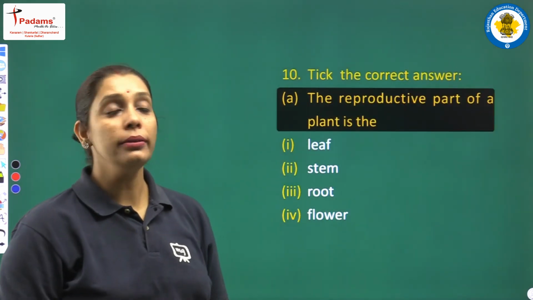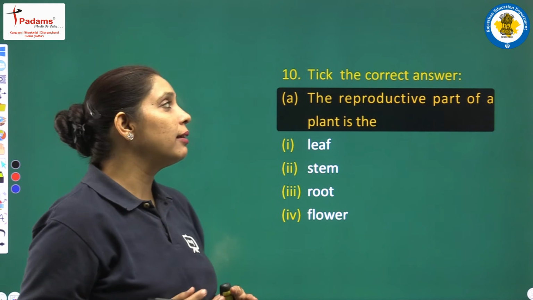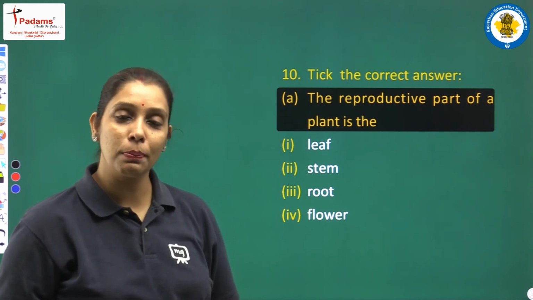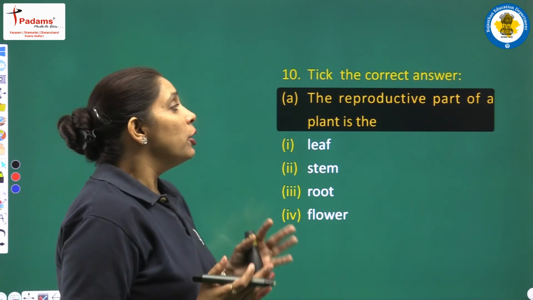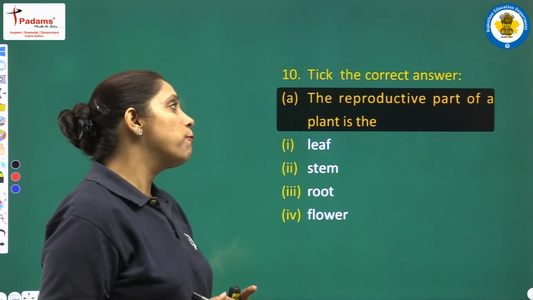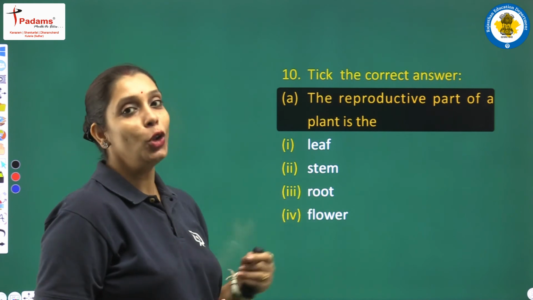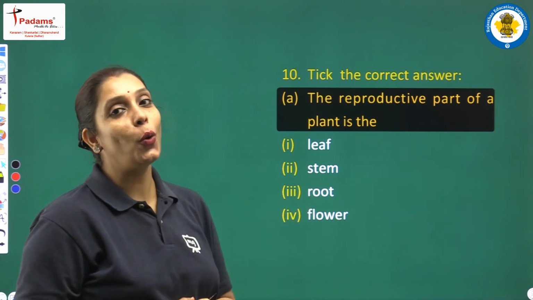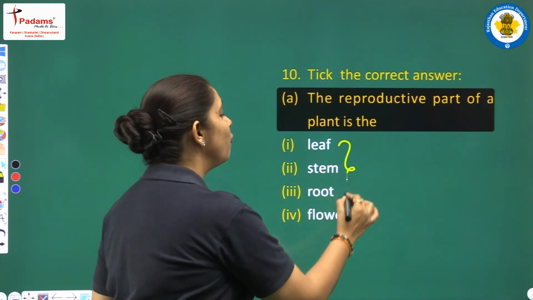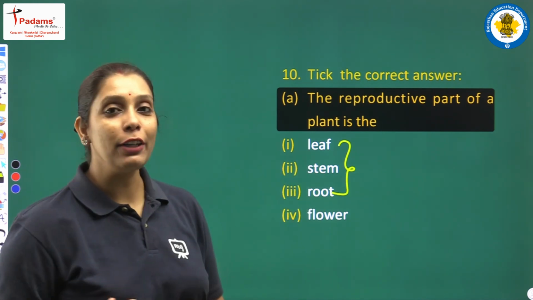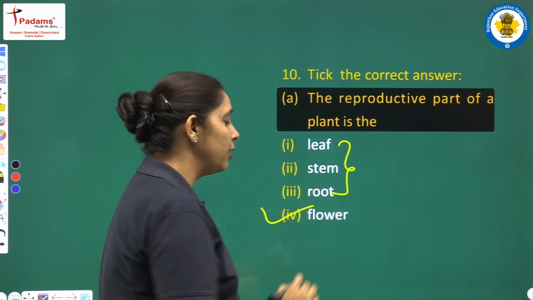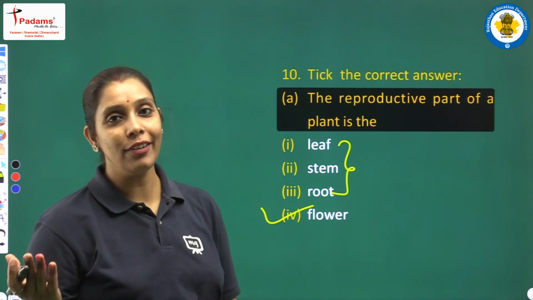Move to the next one, and the next one is tick the correct answer. MCQs, multiple choice. The reproductive part of plant is the leaf? No. Stem? No. Root? No. All three of these are what? Vegetative parts. The reproductive part is only flower. So the fourth one is the correct one.